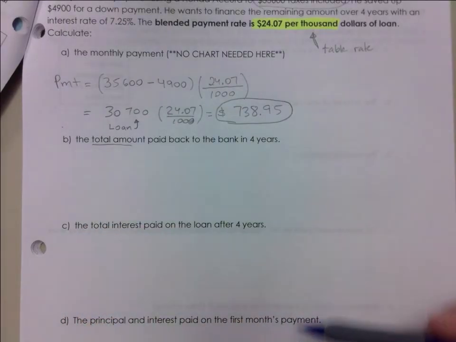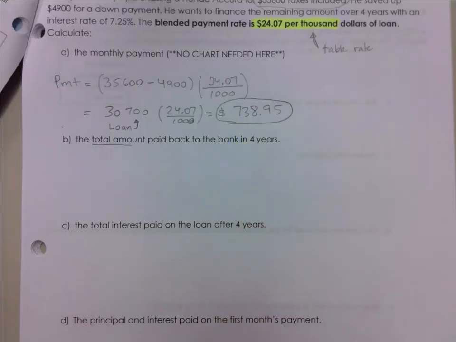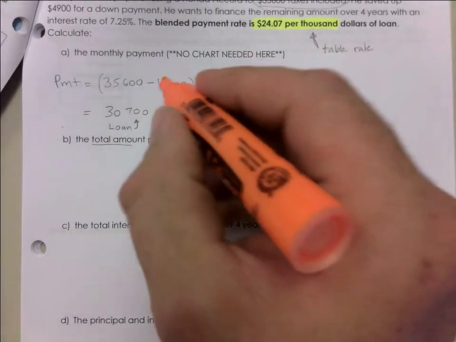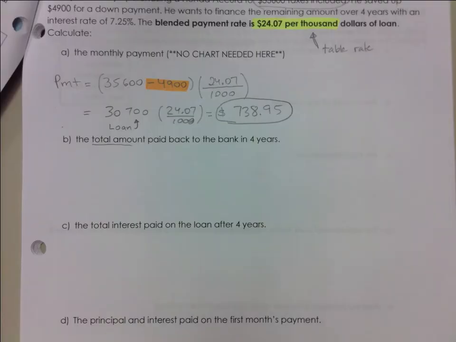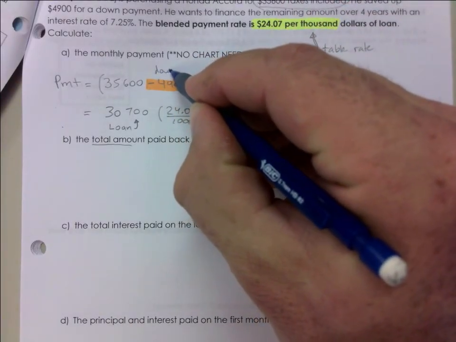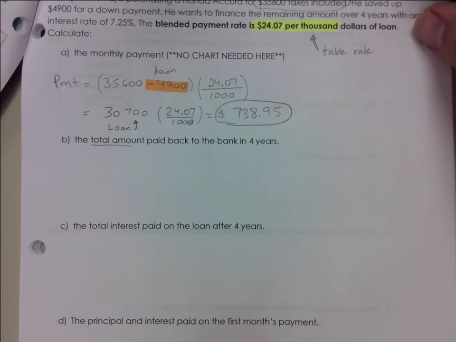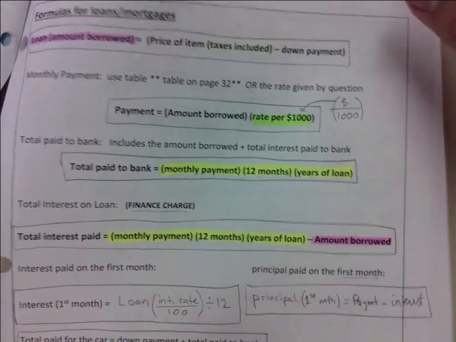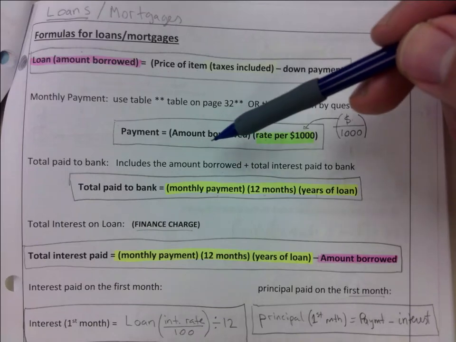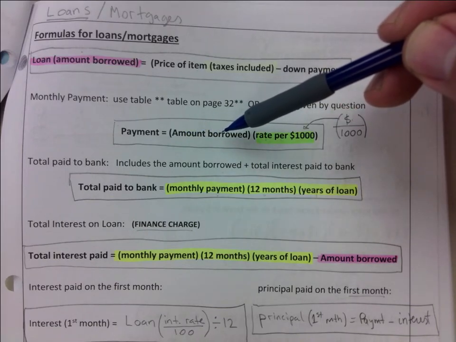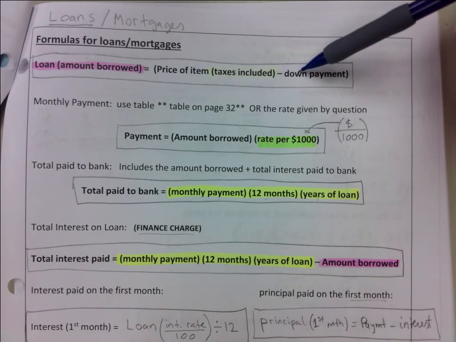So the rest I'm going to let you do based on this payment. I just wanted to highlight. I'm going to use a different color here. I'm just going to highlight this part that we subtract the down payment. All right, this is your down. And I'm just going to ask you to, on page 27, because I want to make sure you understand the formulas, that when I did this part, when I did the payment, I figured out the amount borrowed, and the amount borrowed was the price of the item minus the down payment, okay?